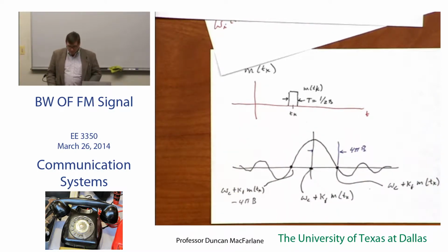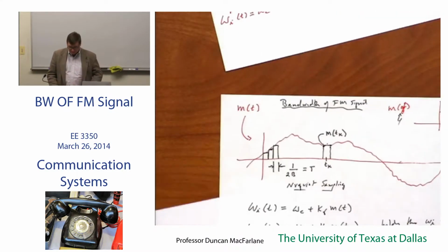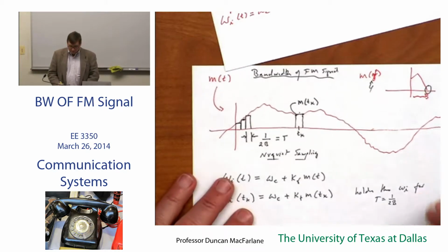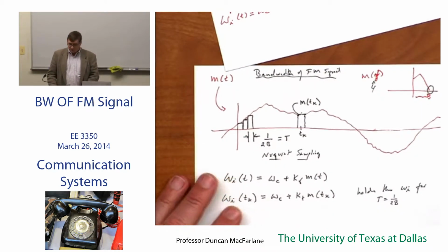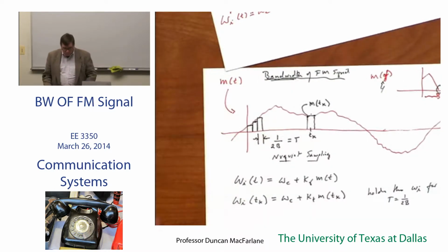Okay? All right, this is all about some arbitrary t sub k. It's just an arbitrary little cell there. But what I really care about is the bandwidth, the overall bandwidth of the FM signal.